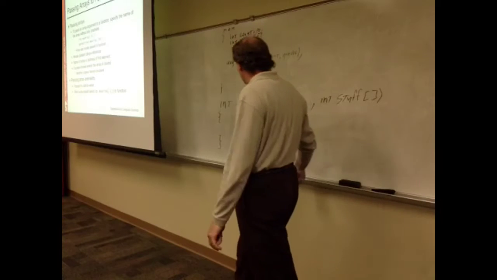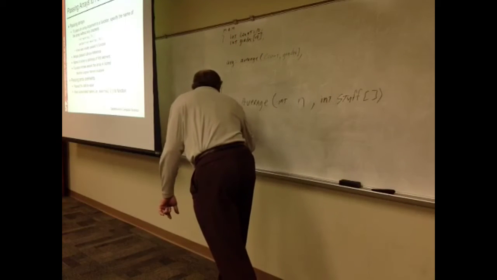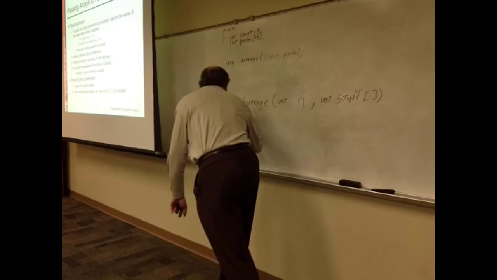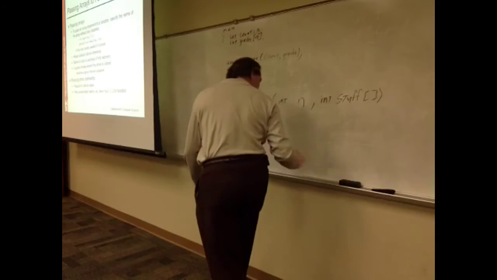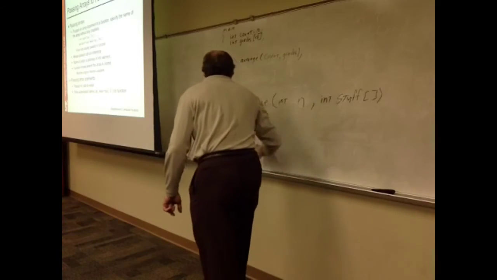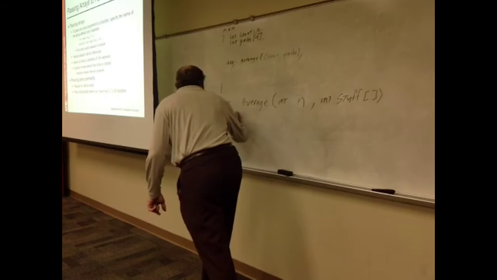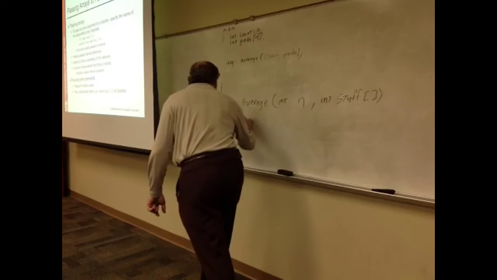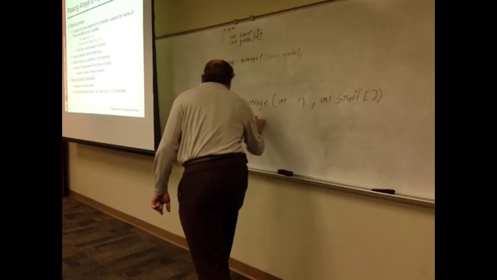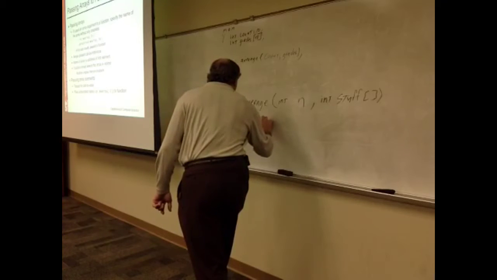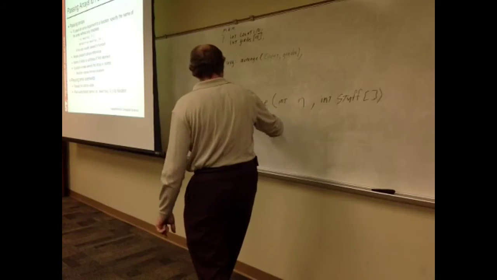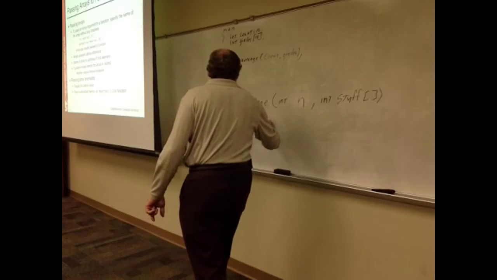So if he has a for loop, like for x equals 0, x less than n.